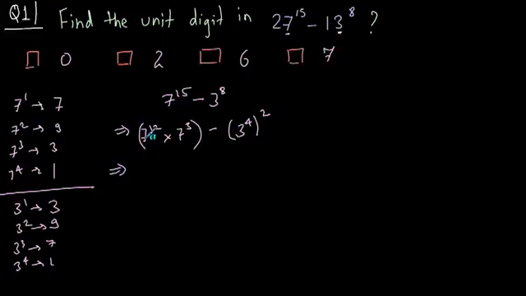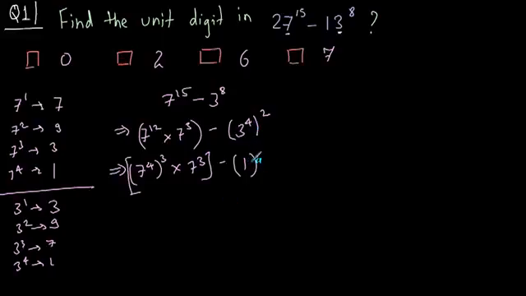Again, 7 raised to 12 can be written as 7 raised to 4, because 7 raised to 4 has units digit 1, raised to 3. 3 fours are 12, into 7 raised to 3, and 3 raised to 4 as 1.